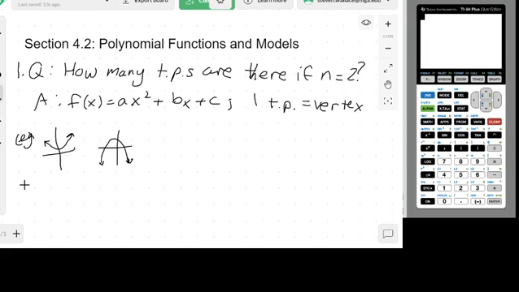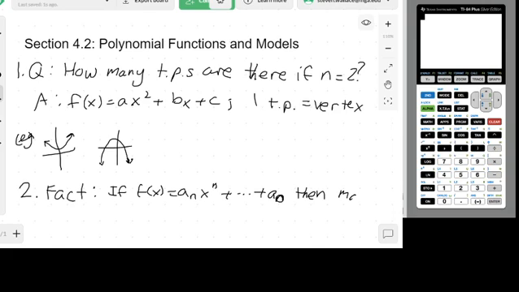Okay, and so the question is then, what's the deal with that in general? Well, the general fact is that if f of x is a polynomial function of degree n, then the maximum number of turning points is one less than that degree.